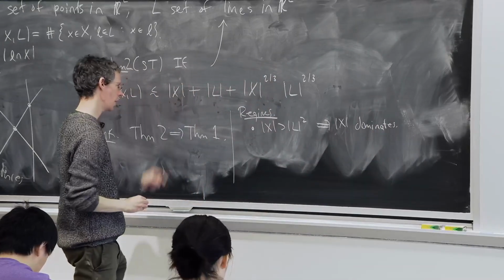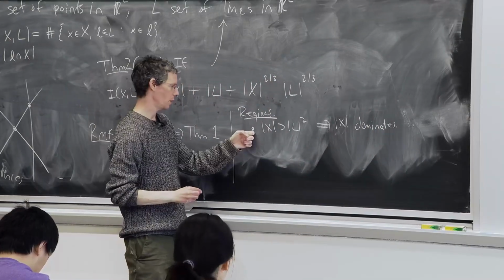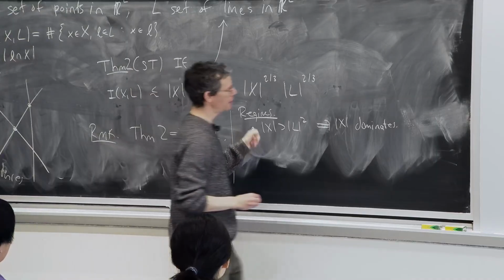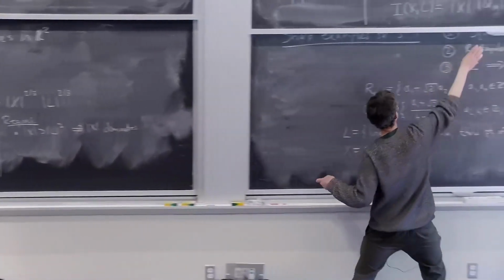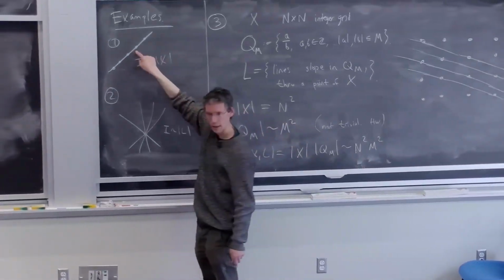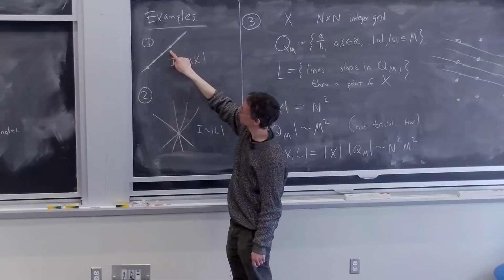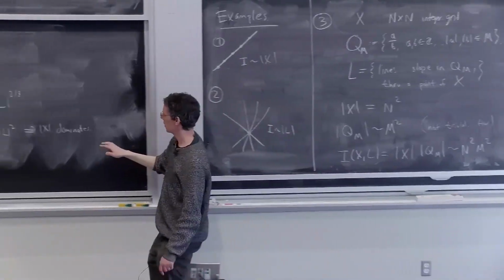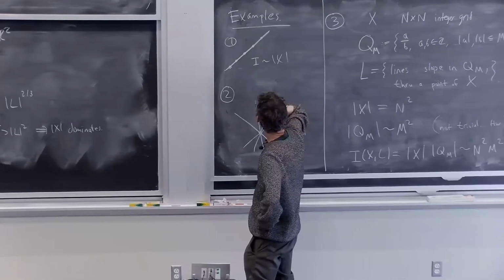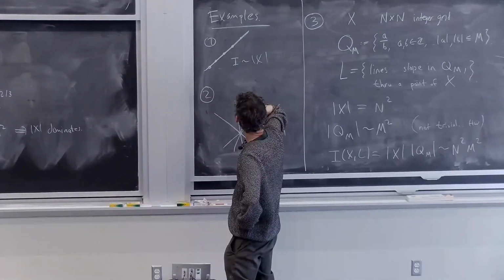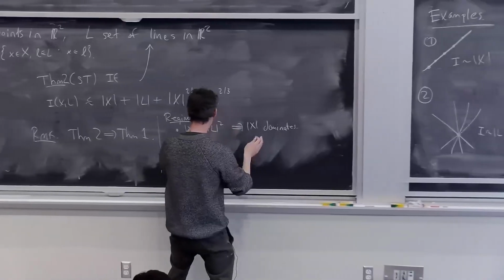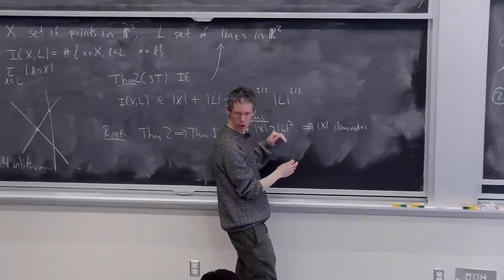OK, so I think the question was, can we describe some structure theorem in this case? Yeah, so I think we can. So in that case, the example is example 1 here. And so the structure theorem would say that you really have to have, well, there may not, let me say that. So in this regime, I don't think there's that much structure.